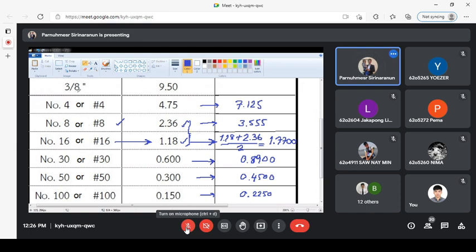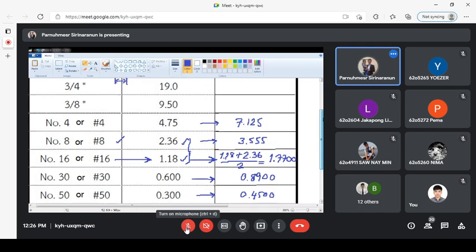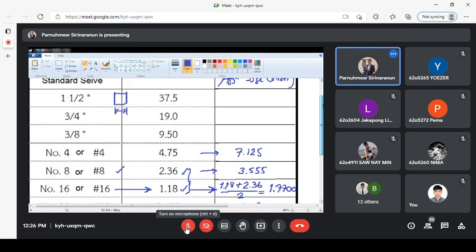And for the 3/8 inch sieve? 0.25. Okay, it begins with number 1. Don't forget to put 0. Clear?